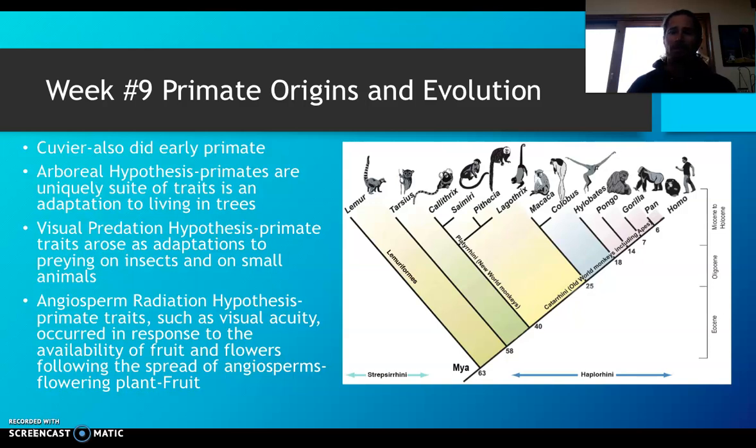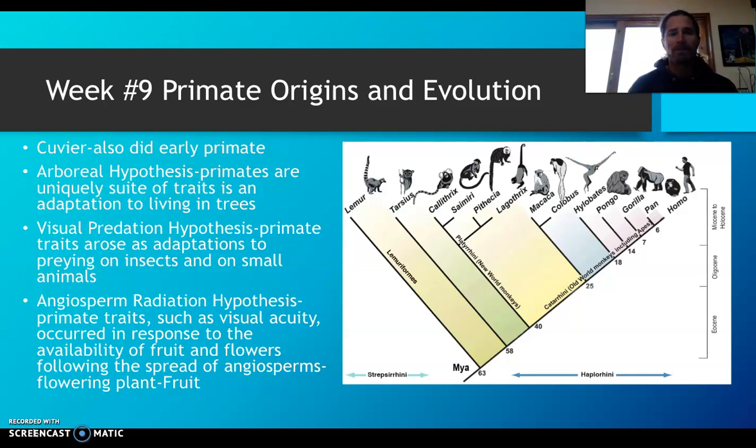We have adapted to terrestrial life, and we'll talk about that progression as we move forward in the semester. Gorillas are very large, so they've gone more into the terrestrial zone. But our other apes, like chimps and orangutans, are very tree adapted. So our arboreal hypothesis is here, and you'll see probably all three of these are uniquely true.